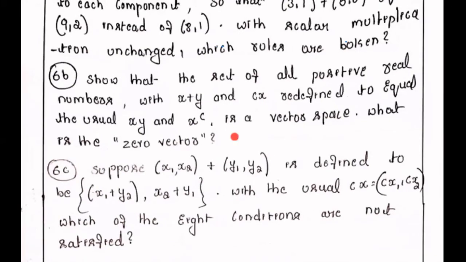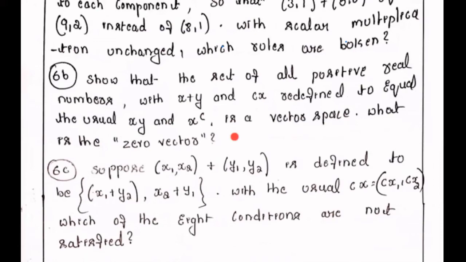The second question is this: show that the set of all positive real numbers, with x plus y and cx redefined to equal the usual xy and x to the power c, is a vector space. What is the zero vector?